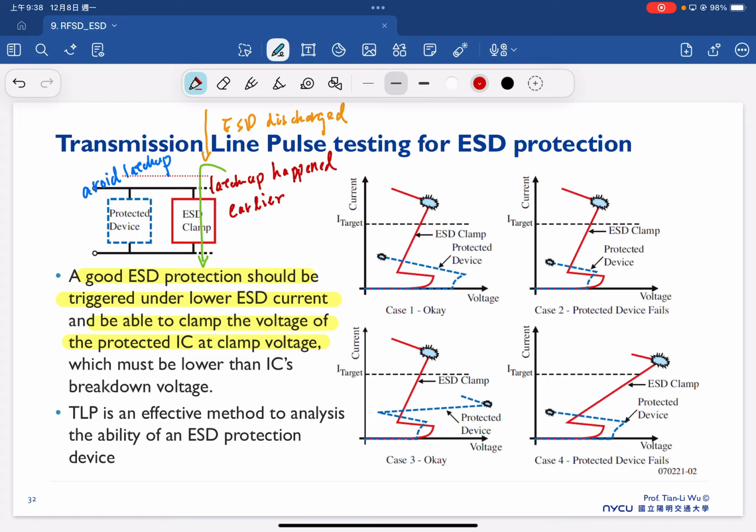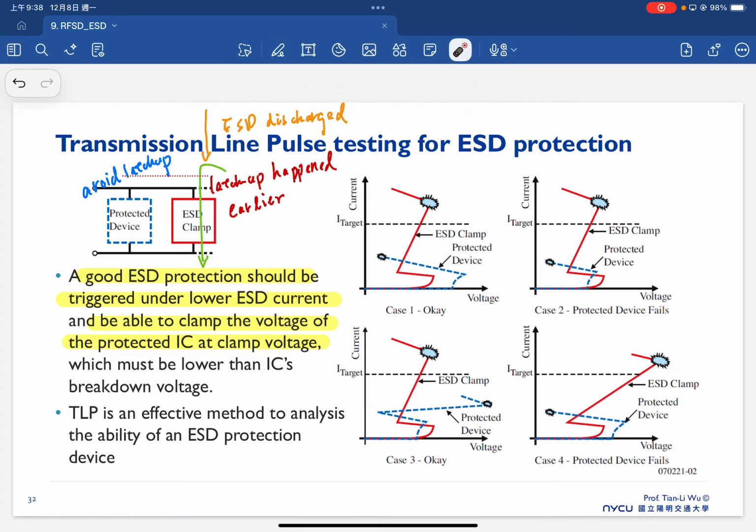So here are several scenarios. If we look at the first one, this is our protected device. We all know that if we don't have any ESD protection, once we have a high enough voltage here, the latch up will happen. And then the idea is simple.